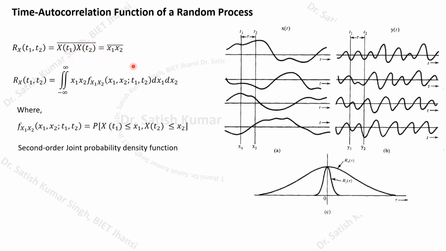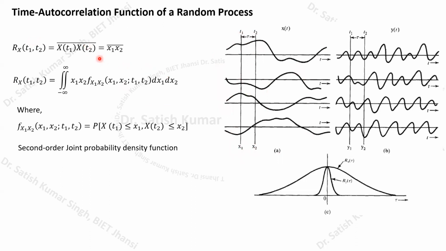So in this time autocorrelation function for the random process, remember what we have to perform: first calculate the values of the sample functions at T1 and T2 for all the sample functions, multiply these two values together, and then calculate the average over the whole ensemble. So this is what this average means.